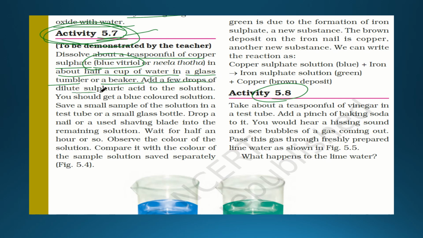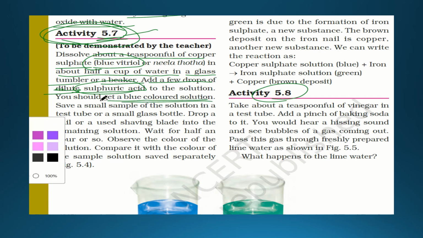Then you add a few drops of sulfuric acid. So to that solution of copper sulfate you are adding 2 to 3 drops of dilute sulfuric acid. It's very important that you take dilute sulfuric acid and add it to that glass or cup. Now you should get a blue colored solution.